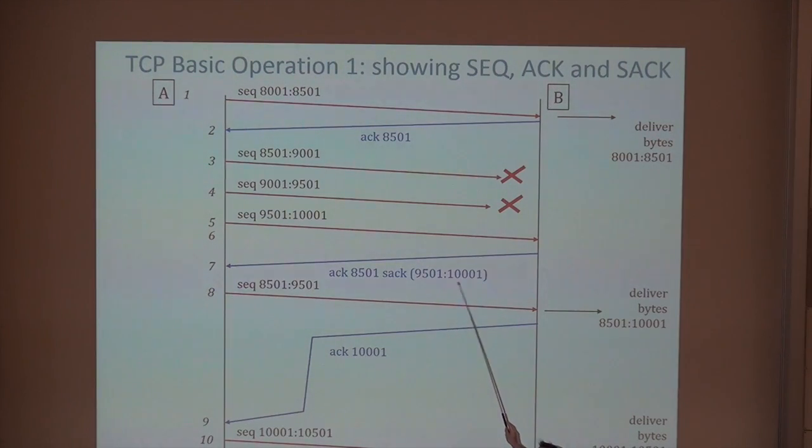In TCP, we do that by using a SACK option that is in the TCP header. We can have, I believe, up to 3 SACK options that allow us to describe this. So with this, now the source knows that if it has something to retransmit, it's only the blocks 3 and 4, which it might do here.